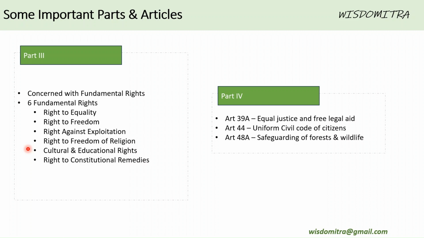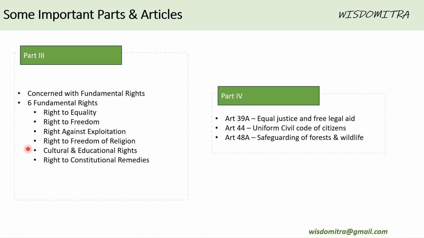So let us go into parts. The most important part is part 3. It concerns the fundamental rights. At the beginning of constitution we had 7 fundamental rights, but those have been reduced to 6. The right to property has been removed from this list during the 44th amendment, and it has been moved to article 300A, and it's just a legal right as of now.